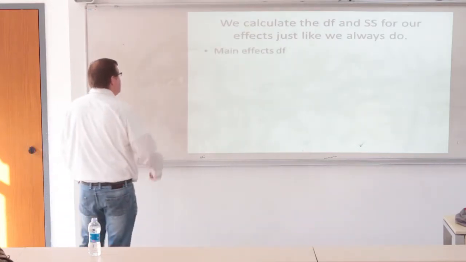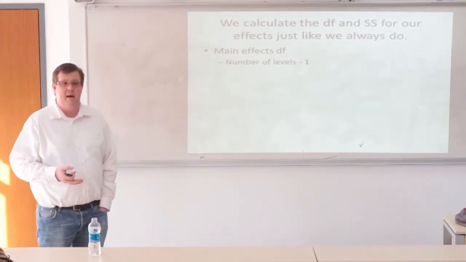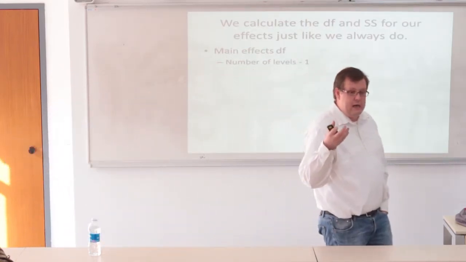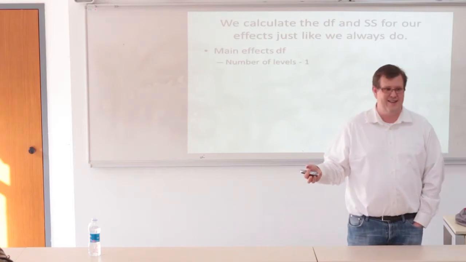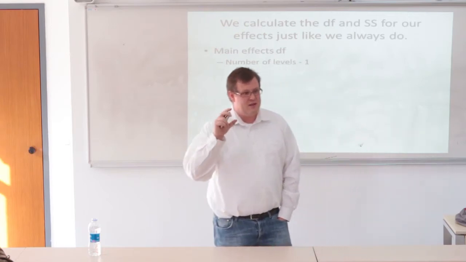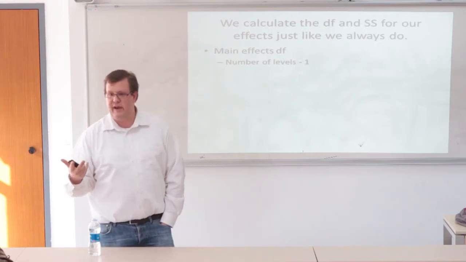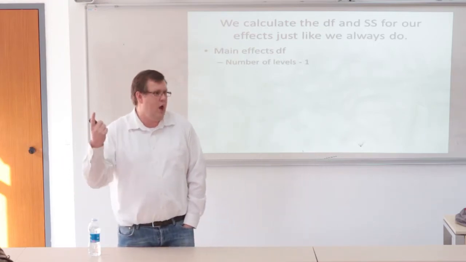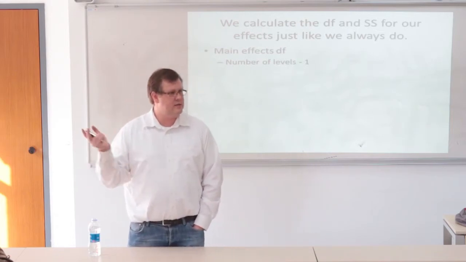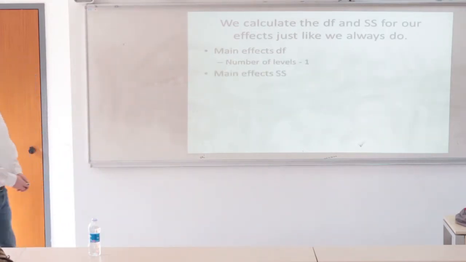So if we're talking about main effects, the degrees of freedom is just the number of levels for the factor that we're talking about, minus 1. So what's the degrees of freedom that we have for our main effect of Q? 1. We have 2 levels, right? Q or not Q, minus 1. How many degrees of freedom do we have for our main effect of list? 1. How many degrees of freedom do we have for our main effect of sex? 1. Easy. Okay. So calculating the main effect degrees of freedom, no problem.